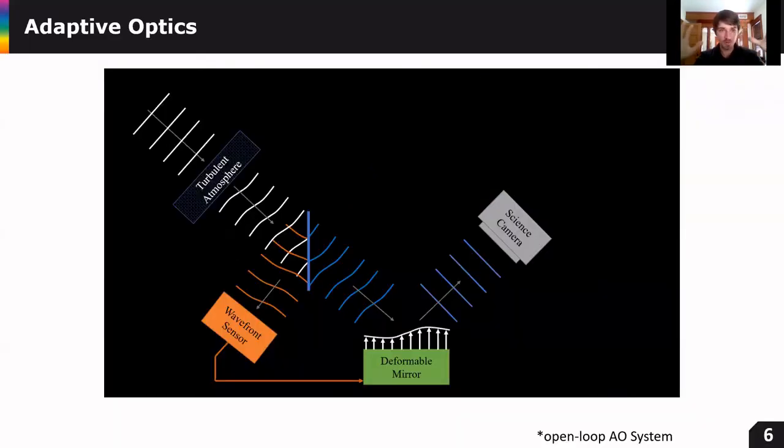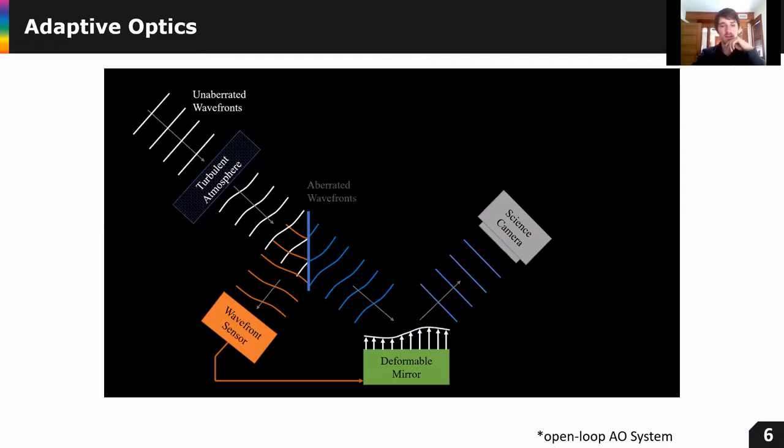So let's do a quick overview of what adaptive optics is. It's an example of a very simplified open loop AO system. This is for a traditional AO system. You have unaberrated wavefronts which enter Earth's atmosphere and become distorted. So they go from being planar to distorted.